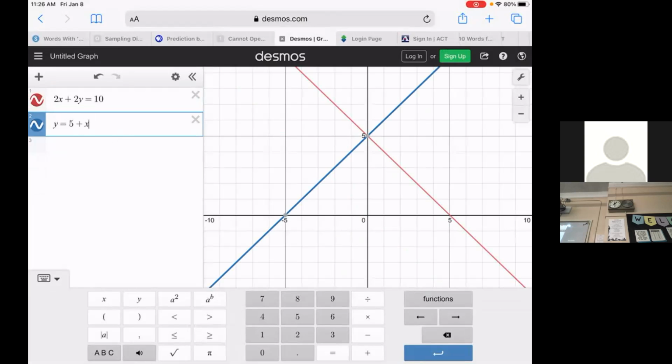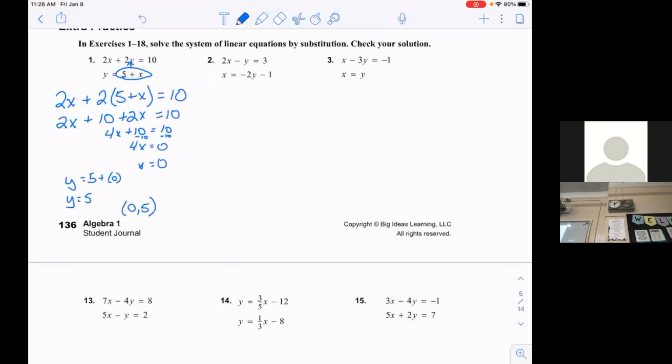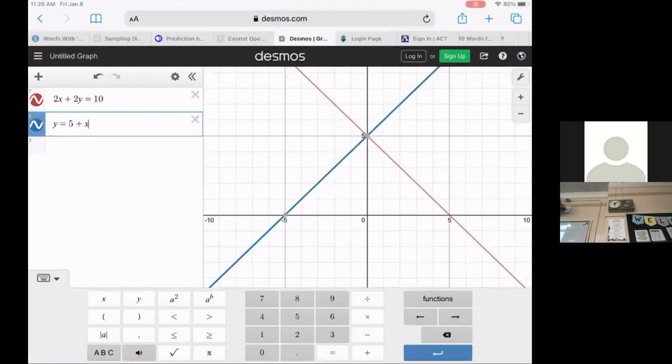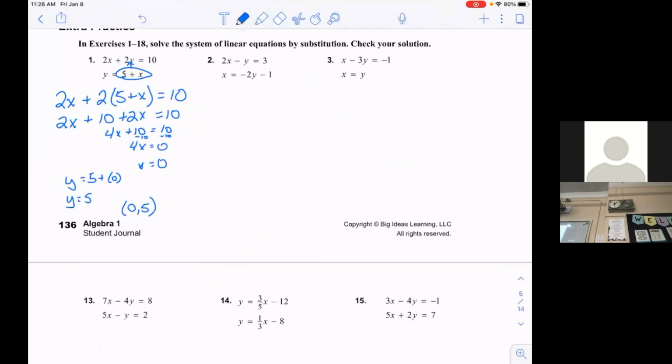So they intersected at the ordered pair 0, 5. Then if we go back to my solution here, there it is, 0, 5. So we are doing exactly the same thing. We're finding the intersection, but we're doing it algebraically versus graphically.